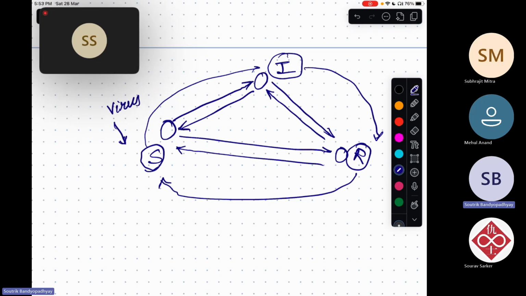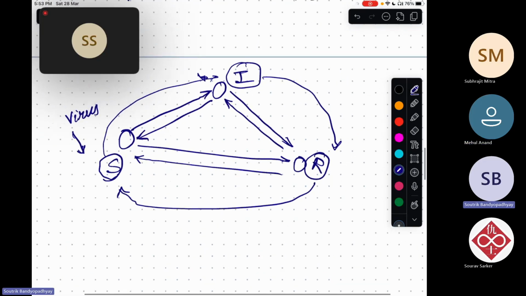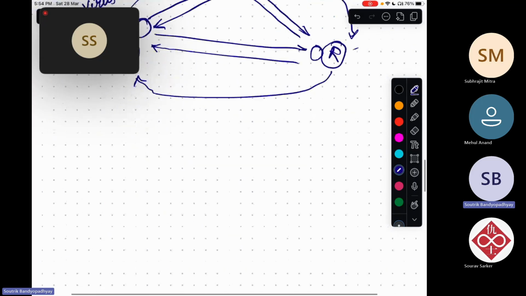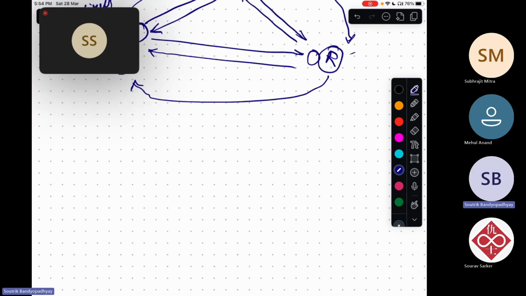Then there is a higher chance that the person becomes infected, right? And if I have, let's say, a miracle cure of the disease, I can inject that in this scenario, and there is some probability that the person becomes recovered. So this sort of chain is called Markov chains.